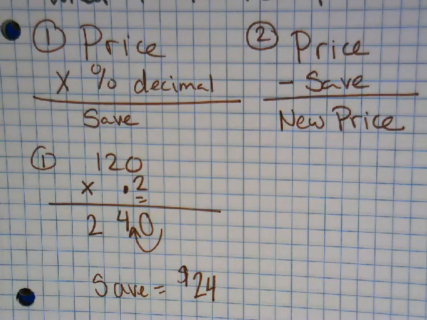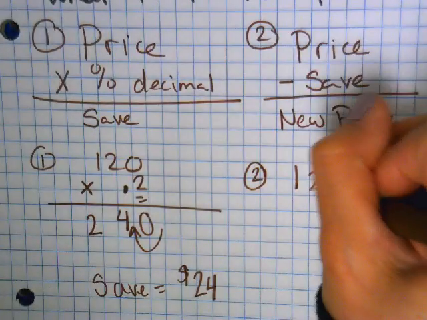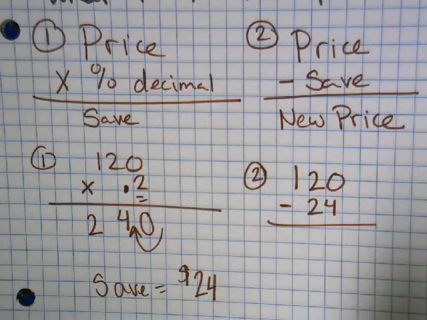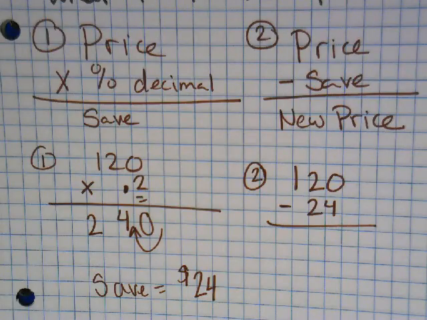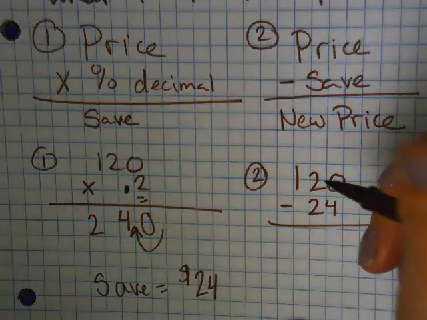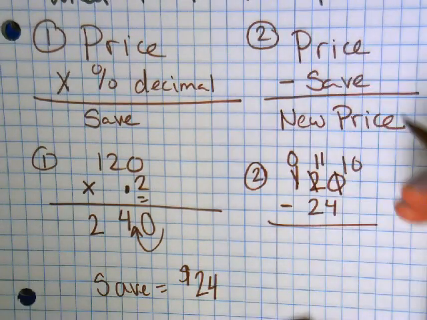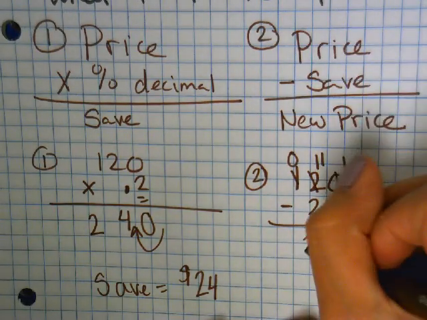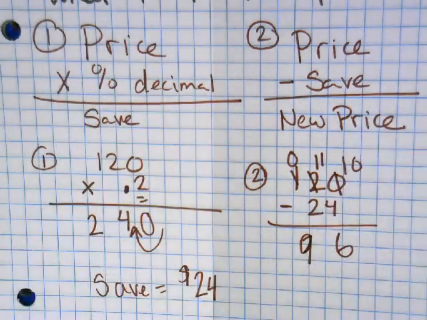So my step number 1 shows me how much I save. I save $24. Number 2, 120 minus 24 will give me my new price. It started with $120, but I'm saving $24. So I subtract, we borrow. What's 10 minus 4? 6. 11 minus 2. 96.